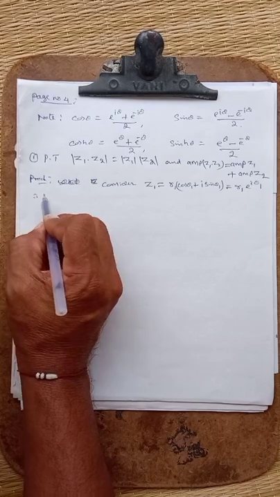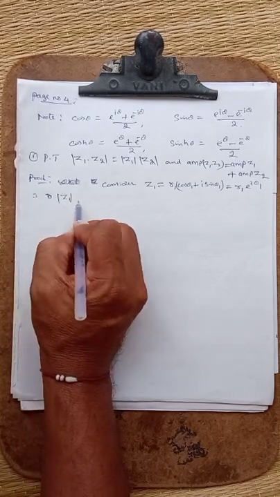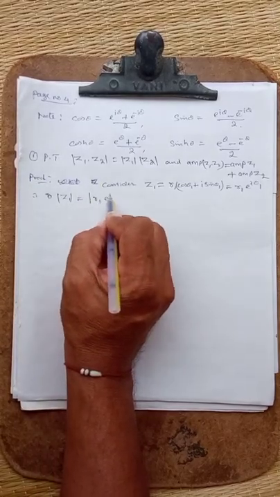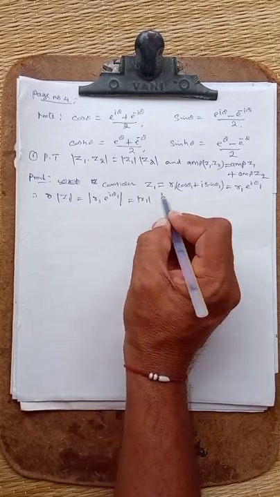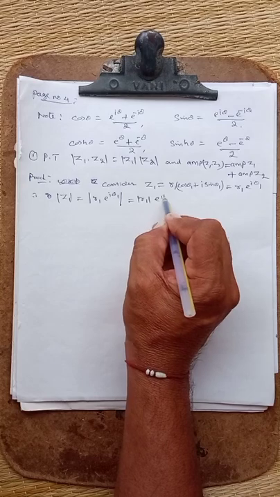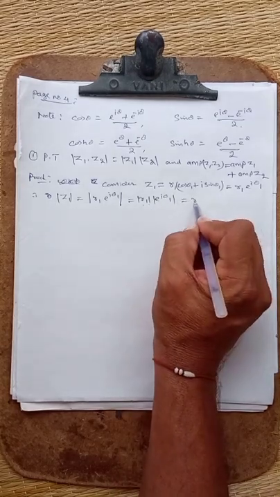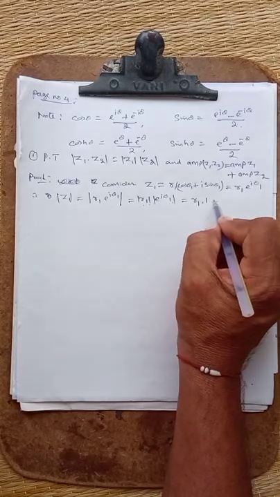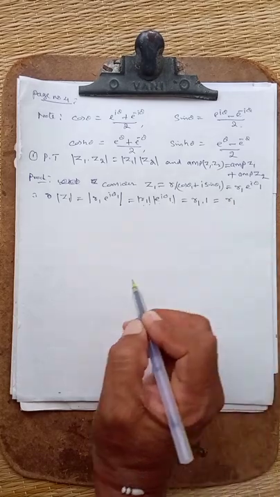So therefore modulus of z1 equals modulus of r1 into e to the power of i theta 1. This is modulus of r1 into modulus of e to the power of i theta 1. Modulus of r1 is r1. Modulus of e to the power of i theta 1 is 1. Therefore r1 into 1 is r1.